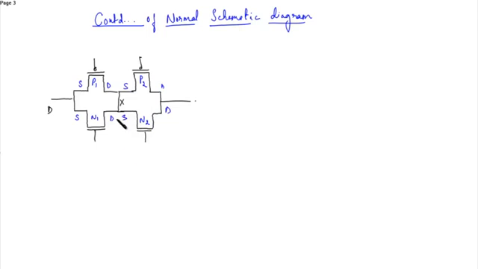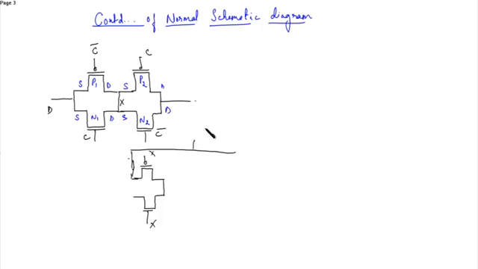Now over here we have two inverters. This is X. Here this is C bar, C. This is C. This is C bar.